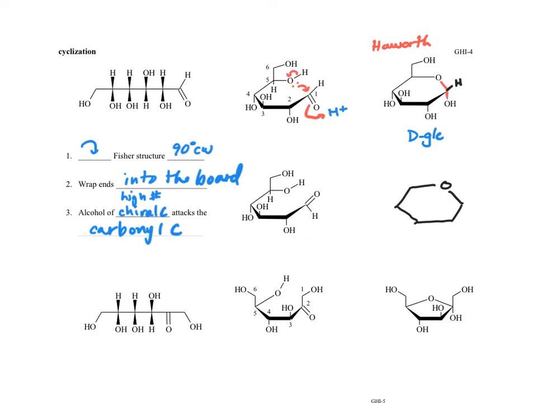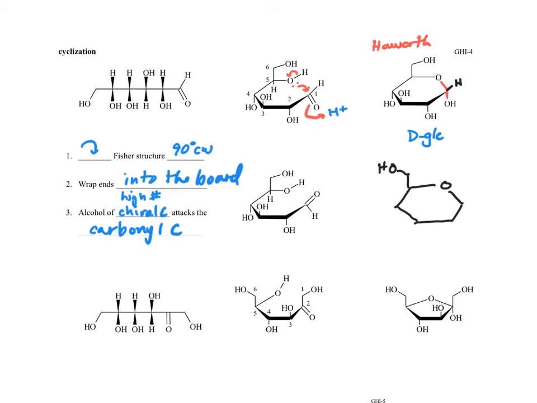The next thing I do is draw the flagpole carbon like that. Now that's got an alcohol that, like I said before, is kind of like a flag. It can blow around to the right or the left. It doesn't matter. I'll draw it to the left this time to just point out that it can go in either direction. Now, to finish this, we've got to add the alcohols in there.